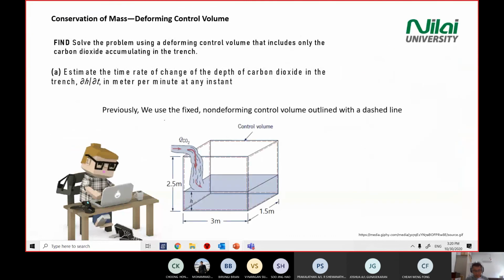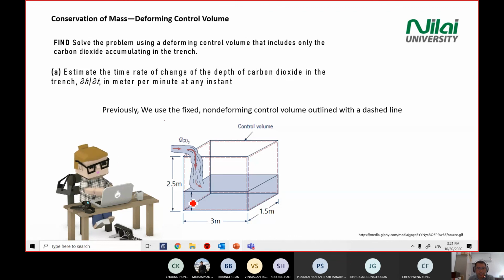So again, you just draw the same setting, the same control volume that you have. Your CO2 enters from the top of the control volume, height 2.5 with the H there.